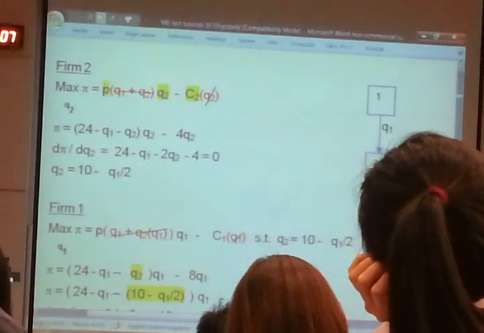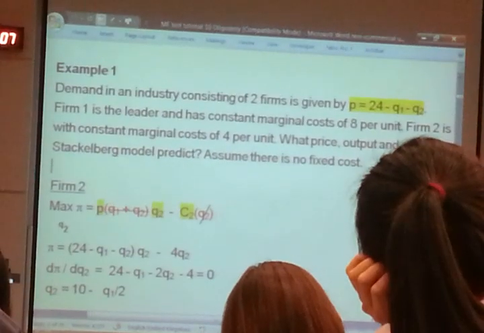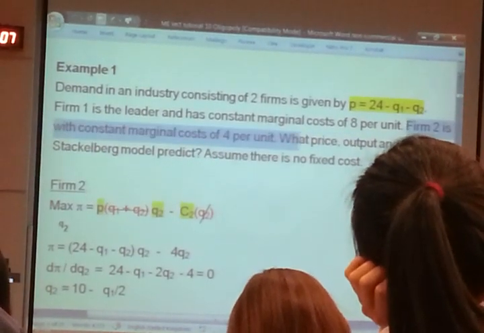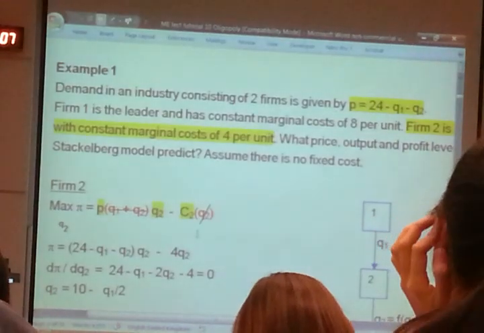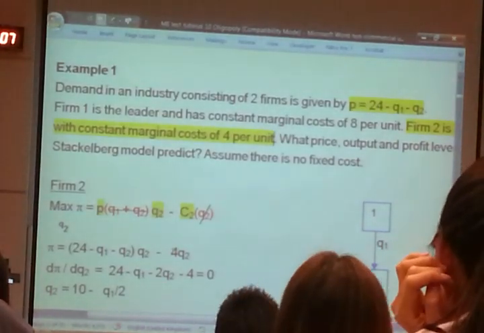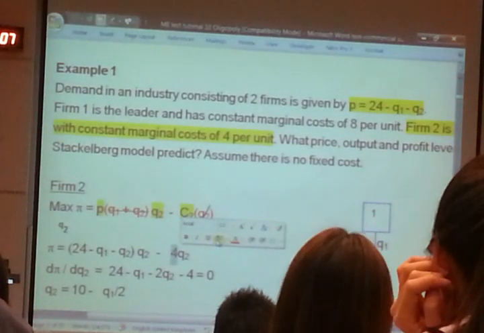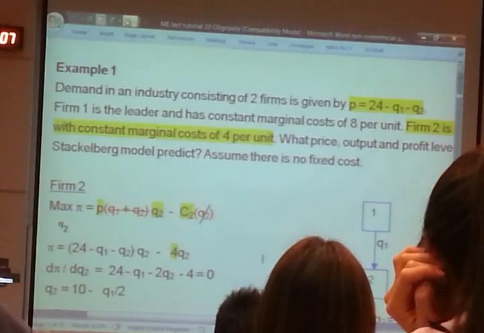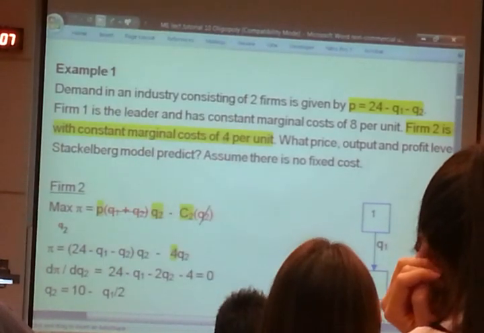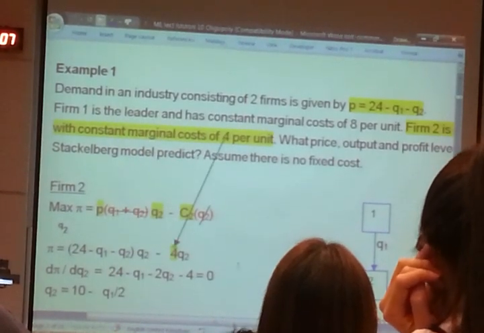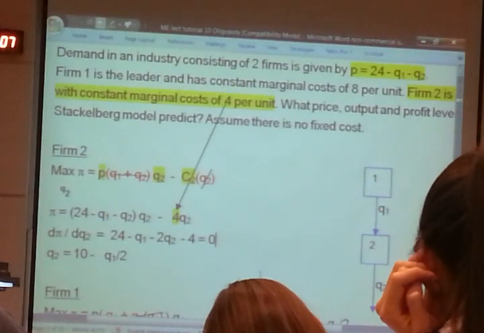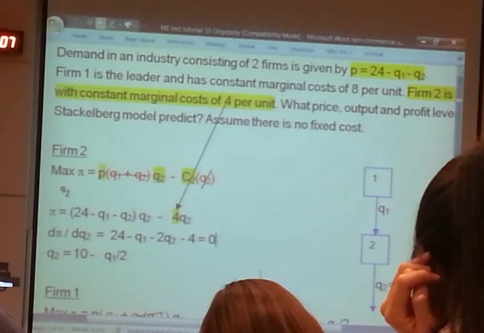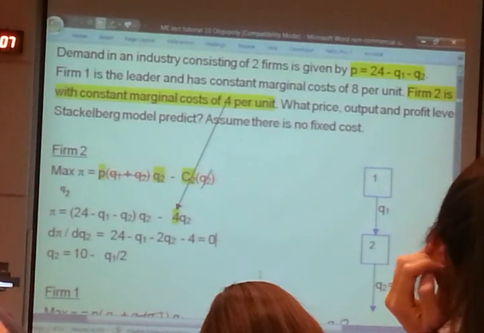For firm 2, the average cost is 4. Right, so average cost times quantity. Okay, AC times Q2, right? So that's our profit.